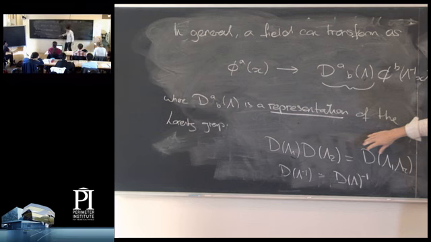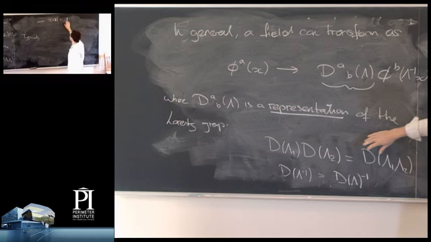Similarly, the inverse of D is D of the inverse Lorentz transformation. And then there's this trivial one: if you don't do a Lorentz transformation, then D is also 1.